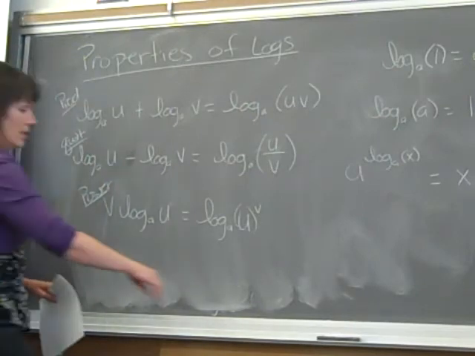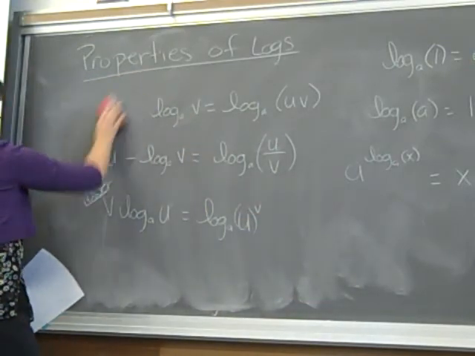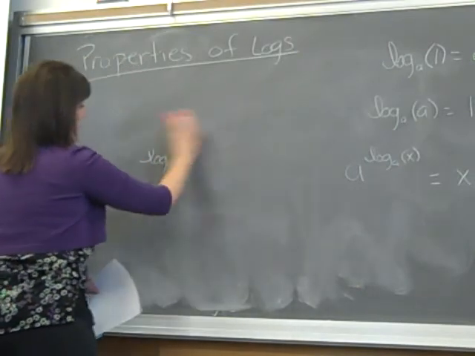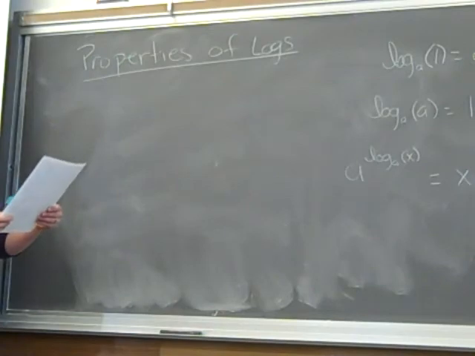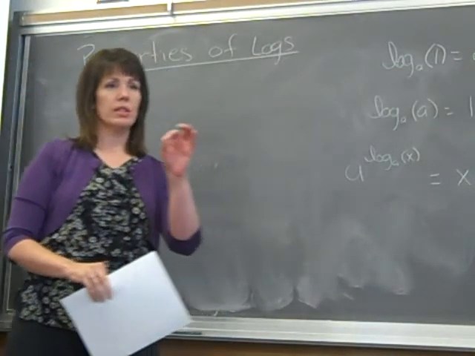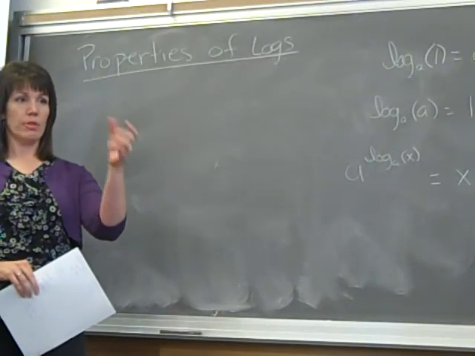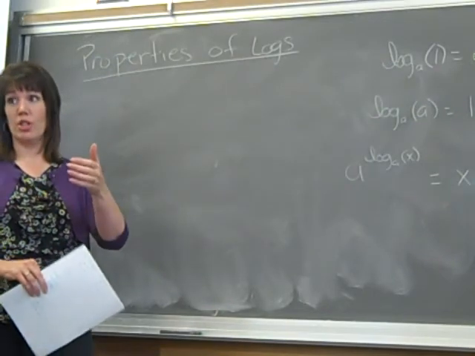I'm just going to erase this part so that I can show you one more thing. Before we can start solving logs and exponents, we have to be able to convert from logarithmic to exponential and back and forth. I call it crossing the bridge.